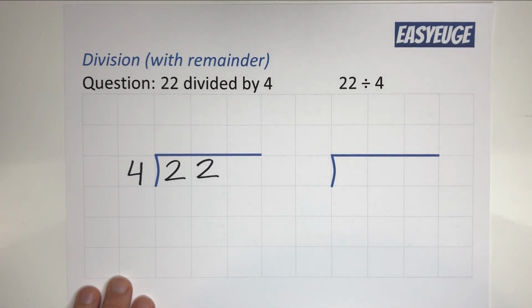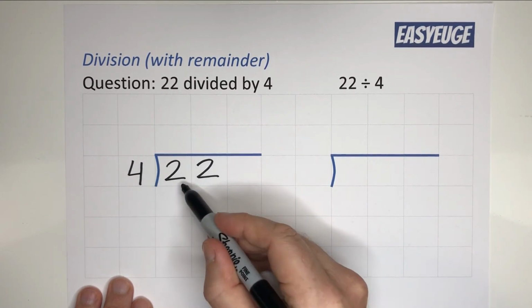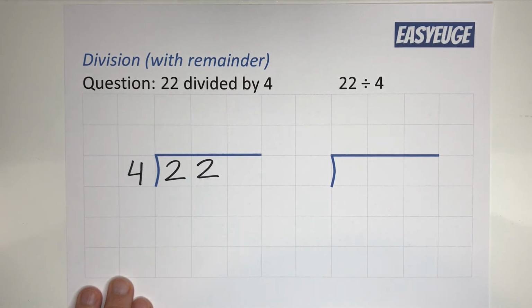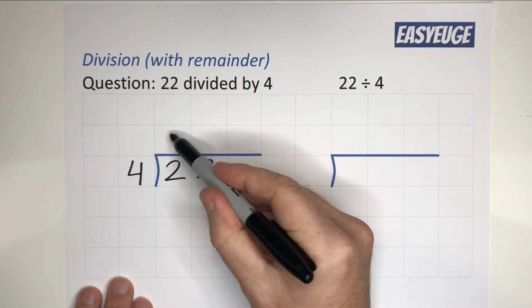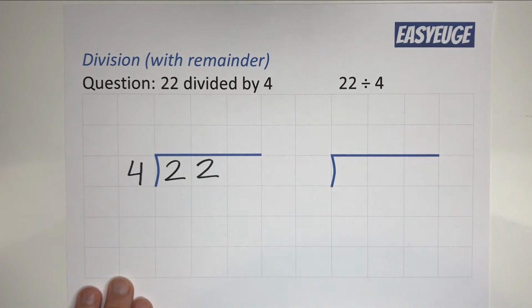Now, let's get into this one. How many times will the number 4 go into the number 2? It doesn't actually. The number 4 can't fit into the number 2. So we don't put anything up here. The answer is 0.